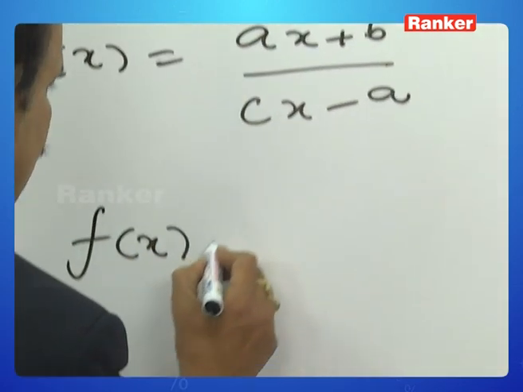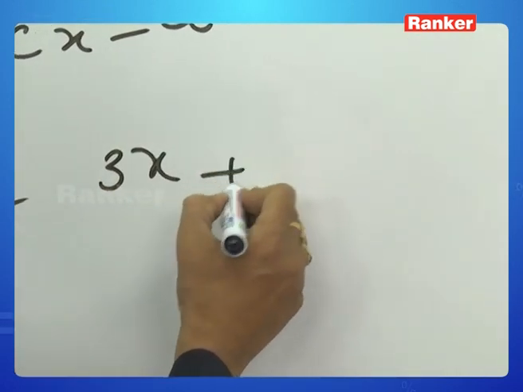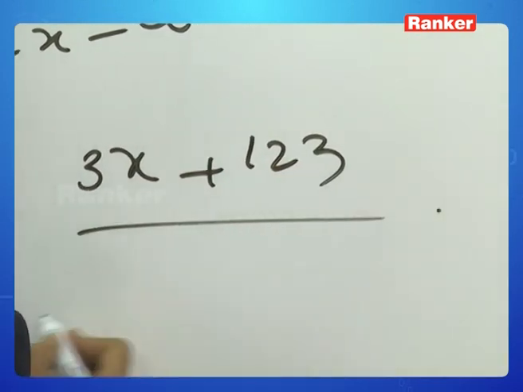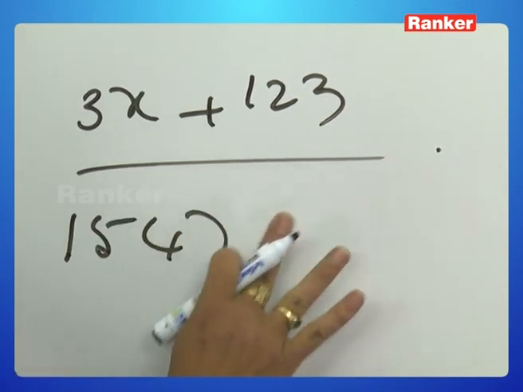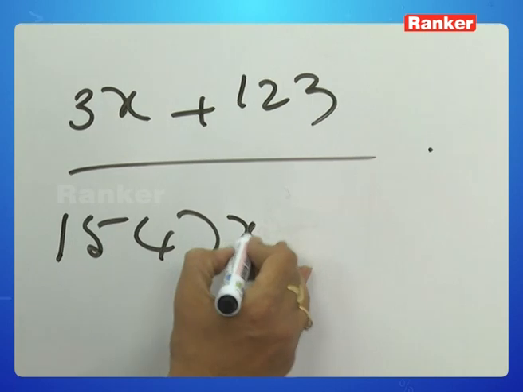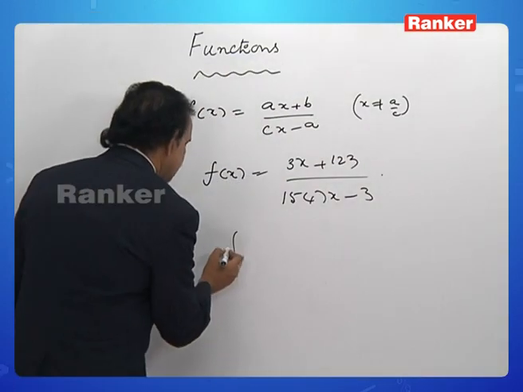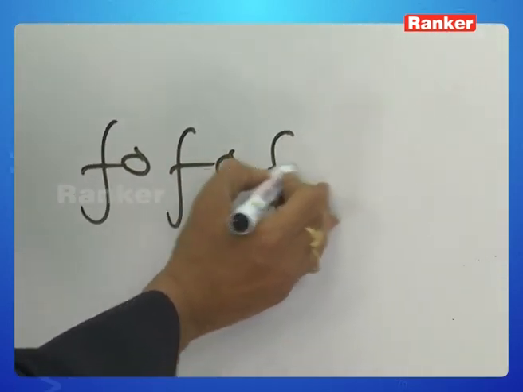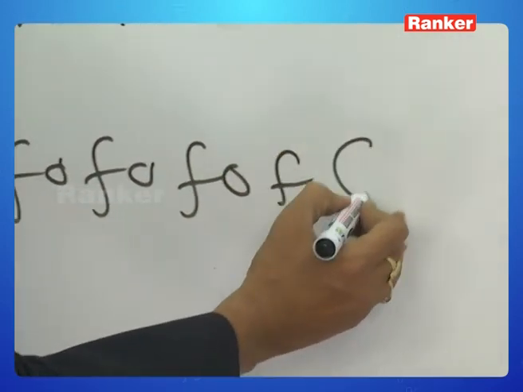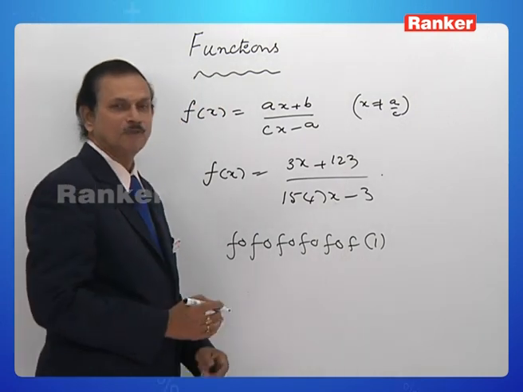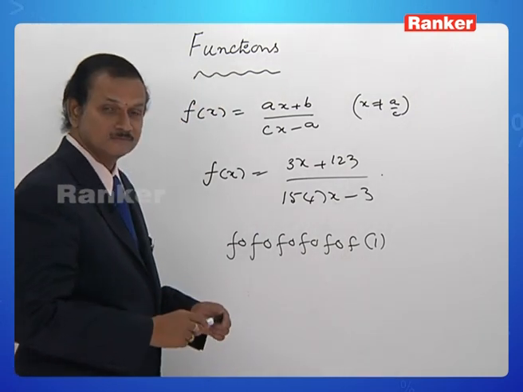Now and then you shall be facing some questions of this form. f of x is equal to 3x plus 123 by 1547x minus 3. What is f circle f circle f circle f circle f circle f of 1? You may be facing such a question.